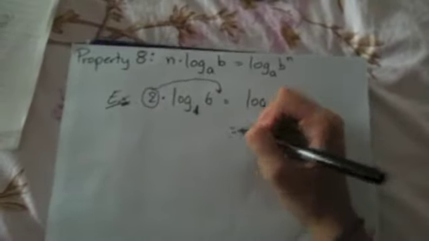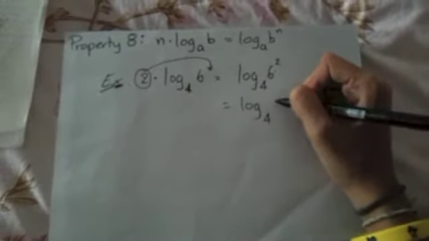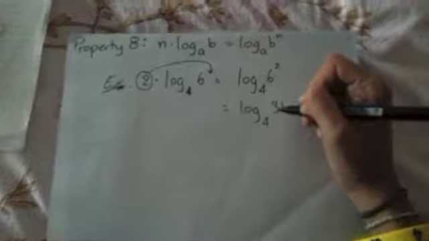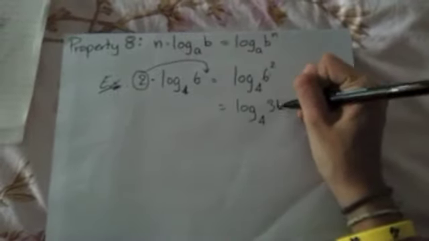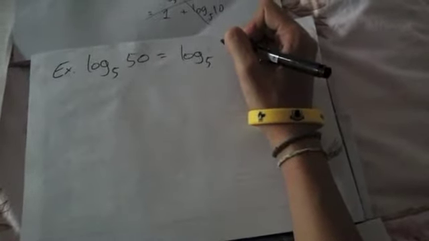And now you can solve, because 6 to the power of 2 is 36, so it's gonna be log 36 in base 4. There, one example. Log 50 in base 5. You can break it out as log of 2 times 25.